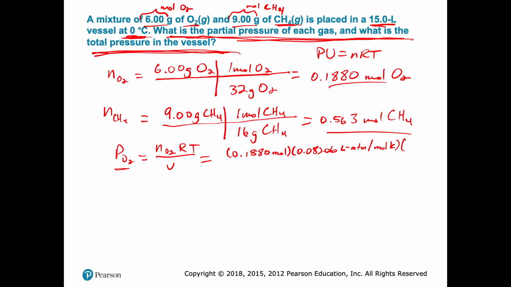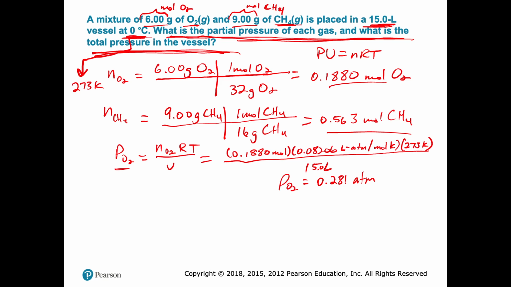I would convert that 0 degrees Celsius to Kelvin from the very beginning, and that's going to be 273 Kelvin. All that divided by the volume, which is 15.0 liters. Okay, cool. So the partial pressure of oxygen should be 0.281 atm.